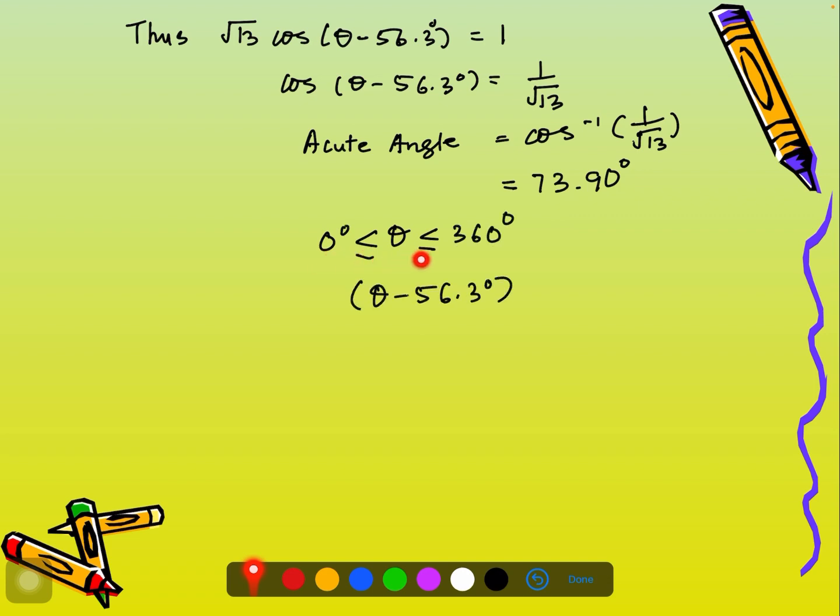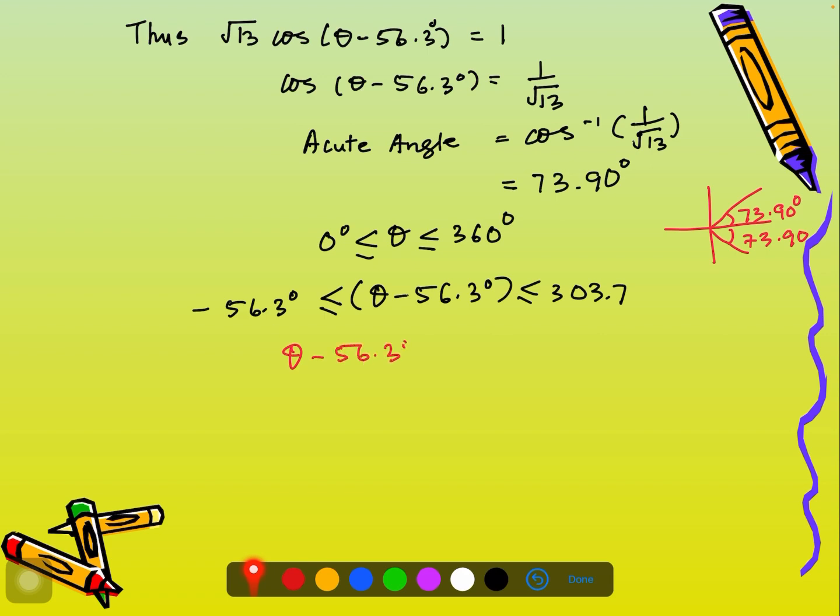The given range is theta from 0 until 360, so what we want to find out is theta minus 56.3, which will run from minus 56.3 to 360 minus 56.3.